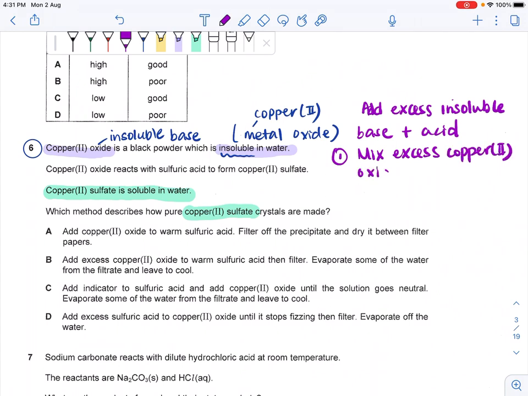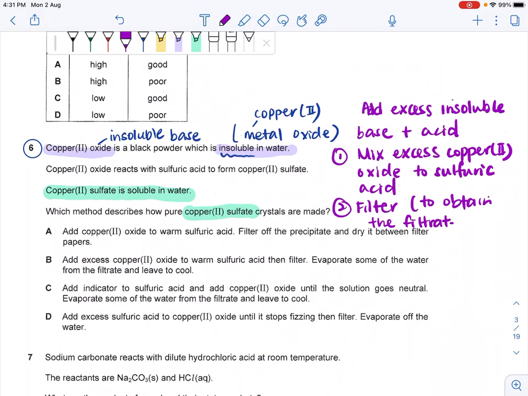In this case it will be sulfuric acid, until it is in excess. So you filter off to obtain the filtrate, because this salt is soluble, so it goes into the filtrate.